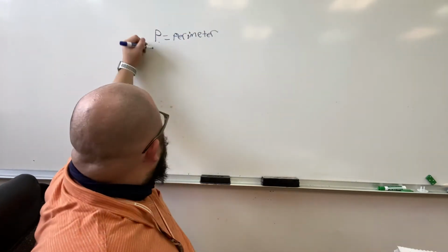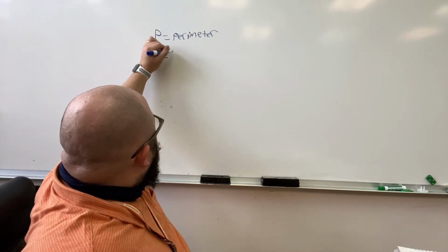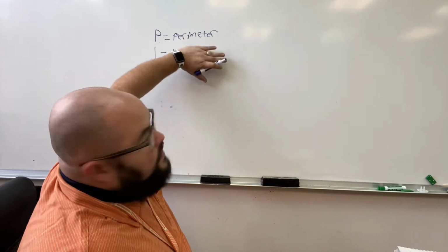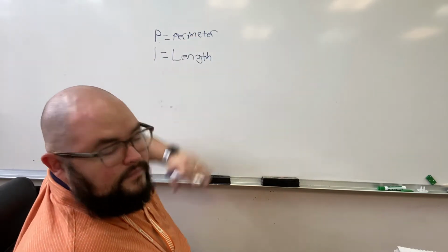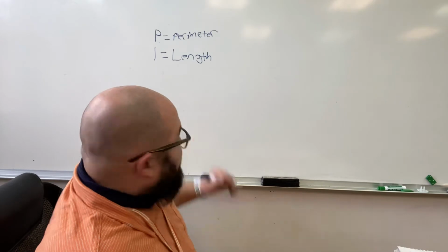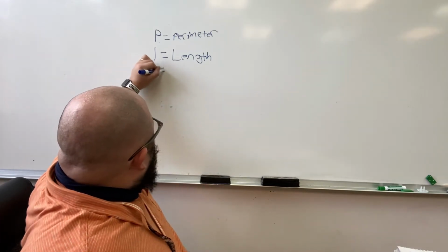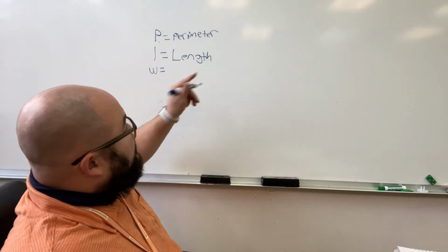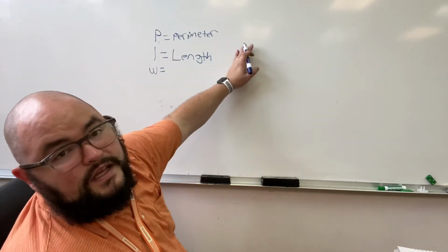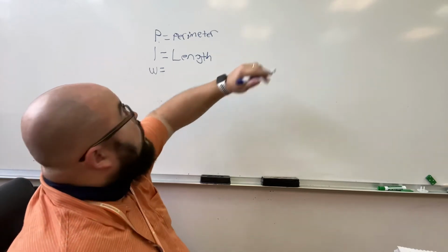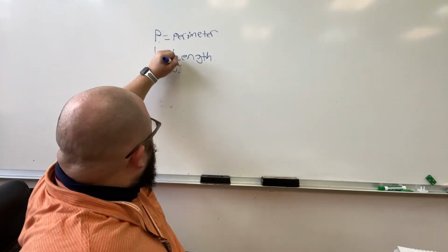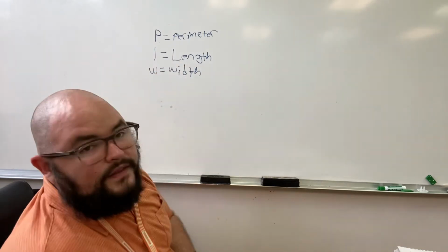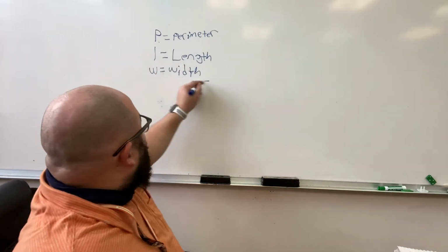And then they have the lowercase l, that just stands for what? Yeah, length. And then they have the letter W there. And all that stands for is what? If we had length, what was the up and down? It was the width.